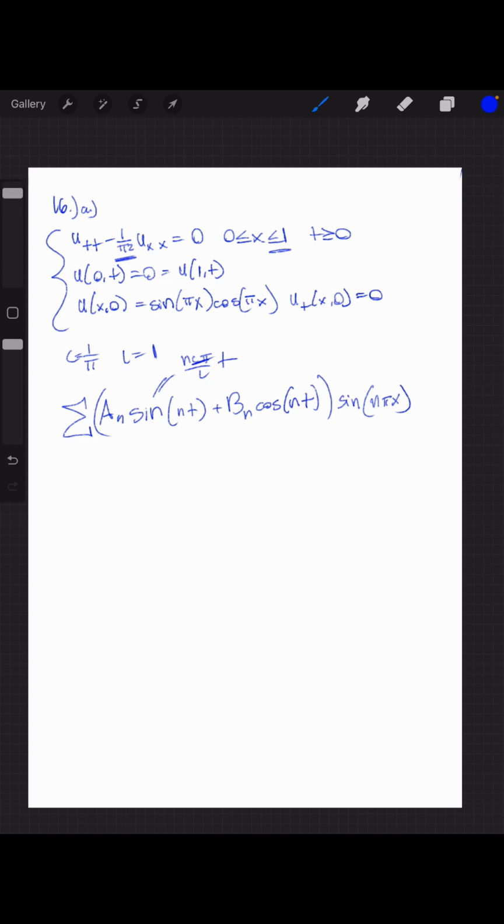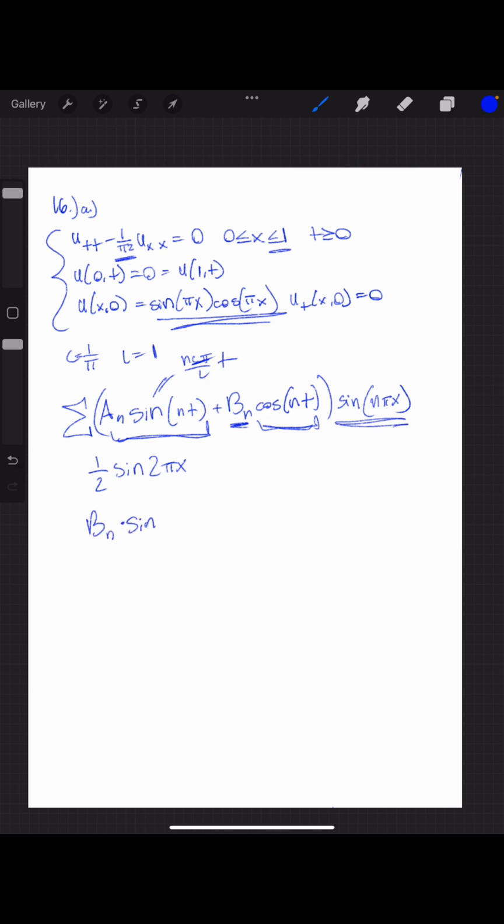So when t is 0, we have this equation right here, which using trig identities, we can simplify to 1/2 sine 2 pi x. When we substitute 0 in for t, our sine term cancels. Our cosine is equal to 1, so all we're left with is the b_n term, and then the sine out here, which means b_n times sine of n pi x is going to equal 1/2 sine 2 pi x.